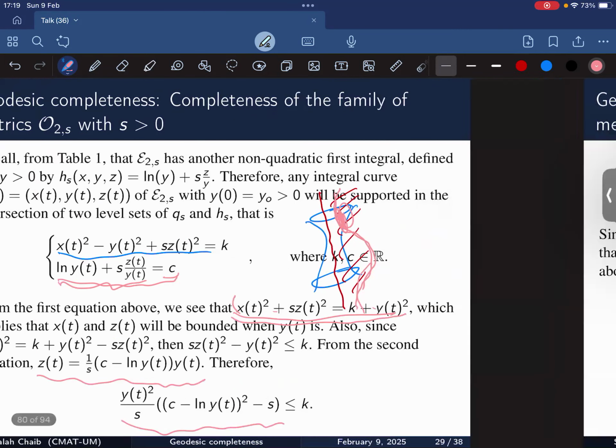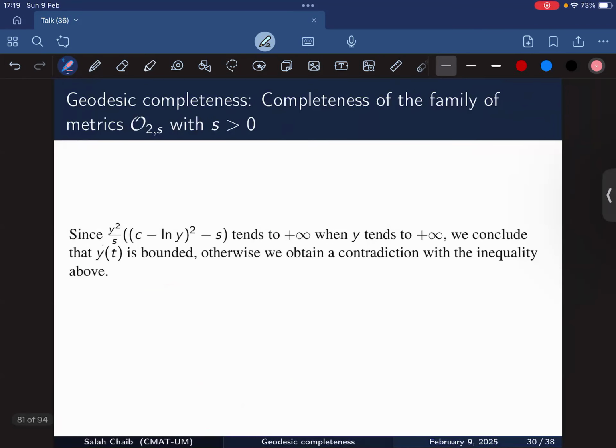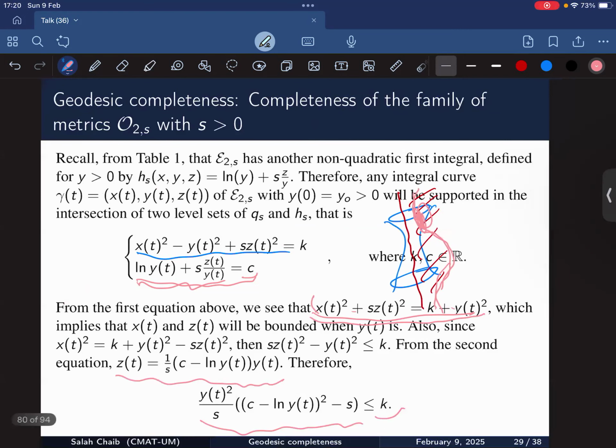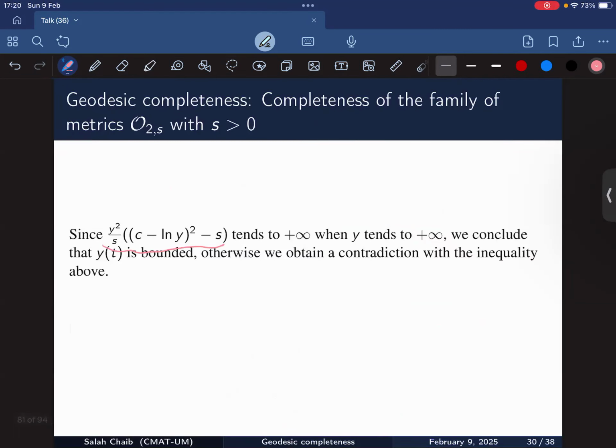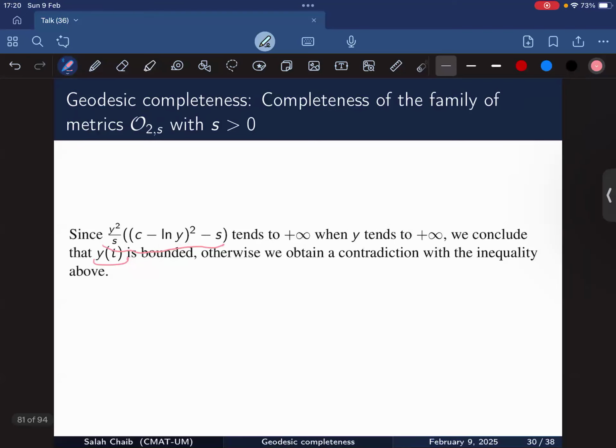Now we have this tends to plus infinity when y tends to plus infinity. And since it's bounded, then we need to have y bounded, because if y is not bounded, this will go to plus infinity, which contradicts the fact that it is less than k.